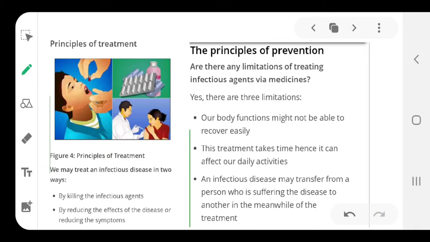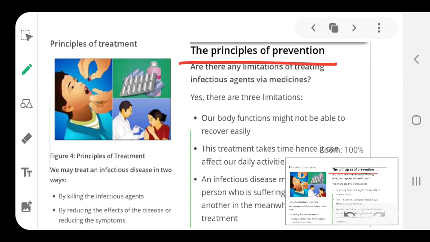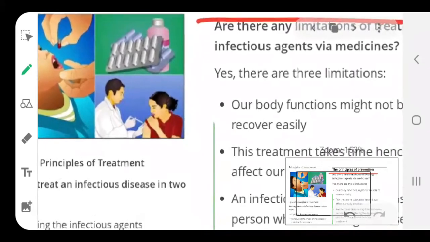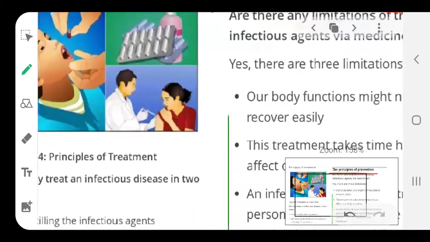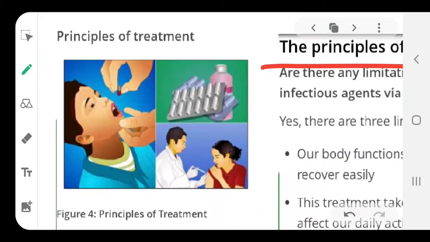Then this is the topic we should know: what are the principles of prevention. Normally we all follow the principle of treatment rather than the principle of prevention, though we should be dealing with prevention first, then treatment.